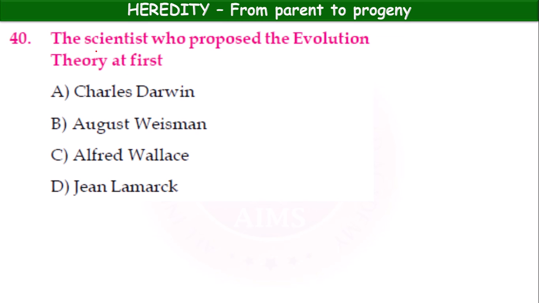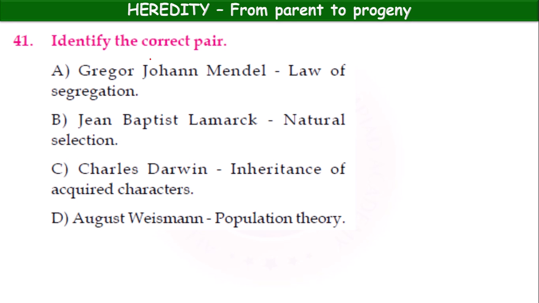The scientist who proposed the evolution theory at first: Charles Darwin, August Weismann, Alfred Russel Wallace, or Jean Lamarck. Who proposed it first? Jean Lamarck, inheritance of acquired characters. Option D. Identify the correct pair: Gregor John Mendel, law of segregation; Jean Baptiste Lamarck, natural selection; Charles Darwin, inheritance of acquired characters; August Weismann, population theory.